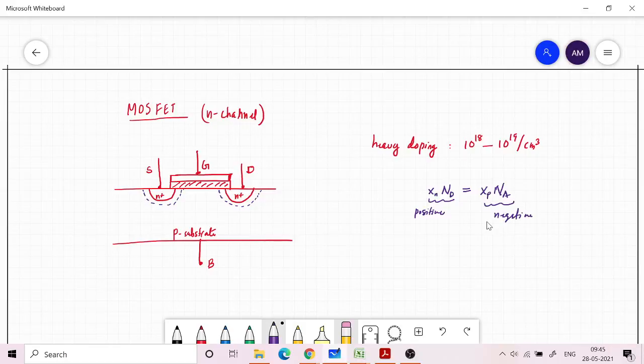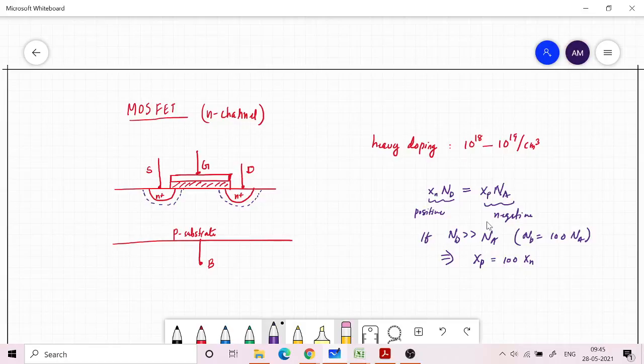So if Nd is much greater than Na, as I told you, at least 100 times greater, then let's take Nd as 100 times Na. This will give rise to Xp being equal to 100 times Xn. Okay, so if you take Na to this side, you will get 100.